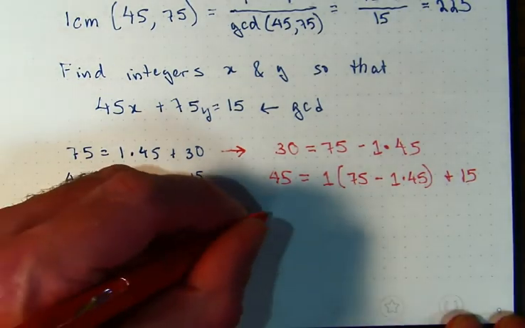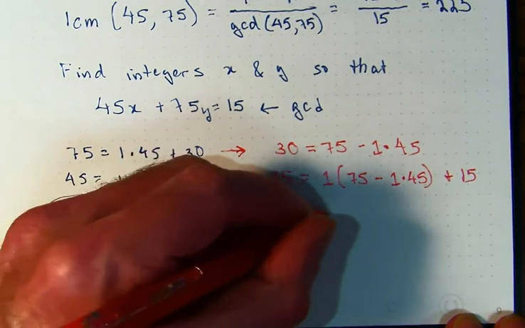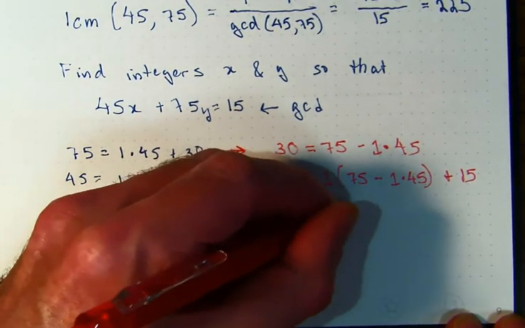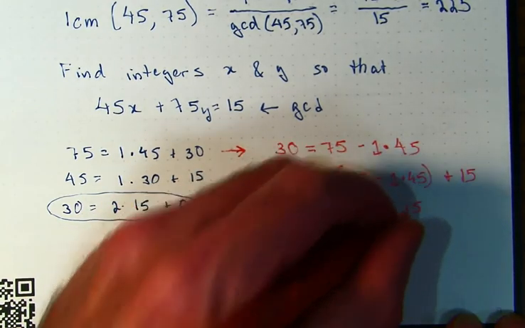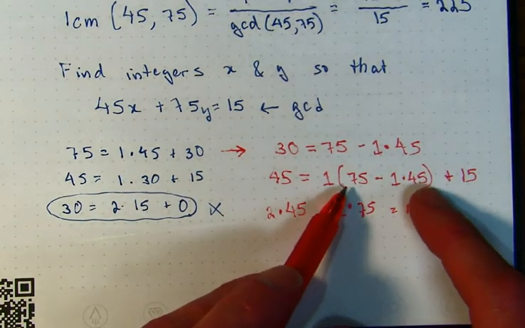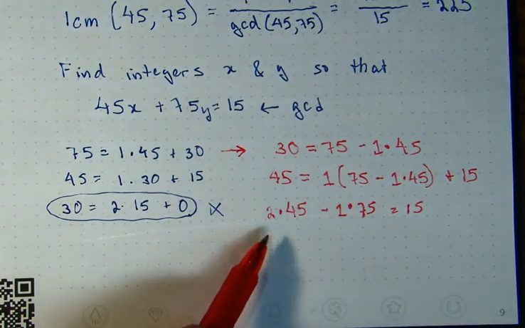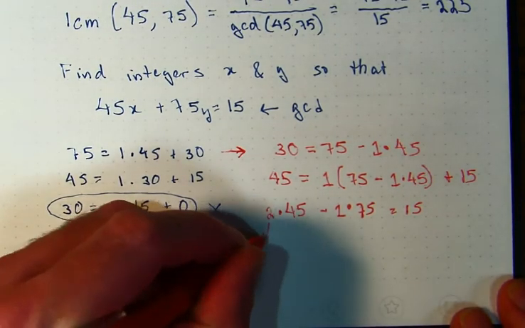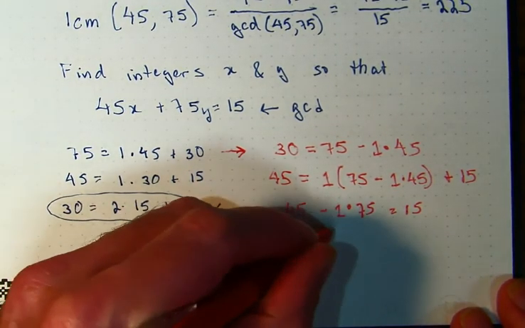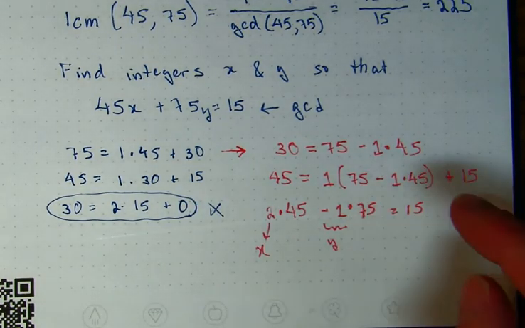Okay, so 2 times 45 minus 1 times 75 equals 15. So I just moved these terms over to the left-hand side and combined like terms with the 45 and the 75. Okay, so this is the value of x that I should use, and this is the value of y that I should use to make this happen.